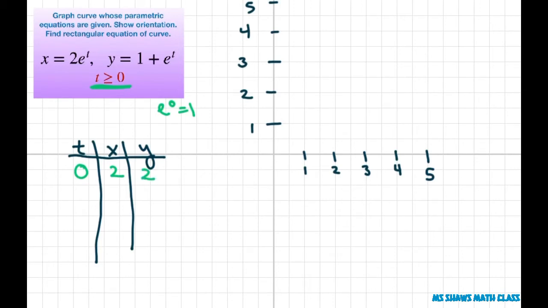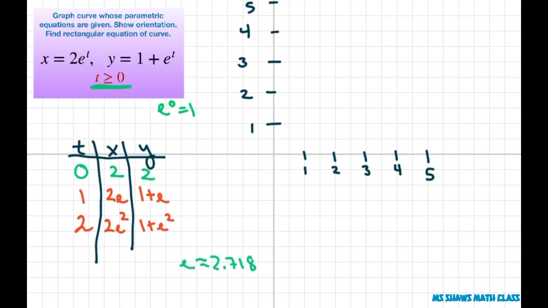Now when we get to, let's see, t equals 1, you're going to get 2e, and then you're going to get 1 plus e. All right, and then if you did 2, that would be 2e squared times 1 plus e squared. And remember, e is approximately 2.718.